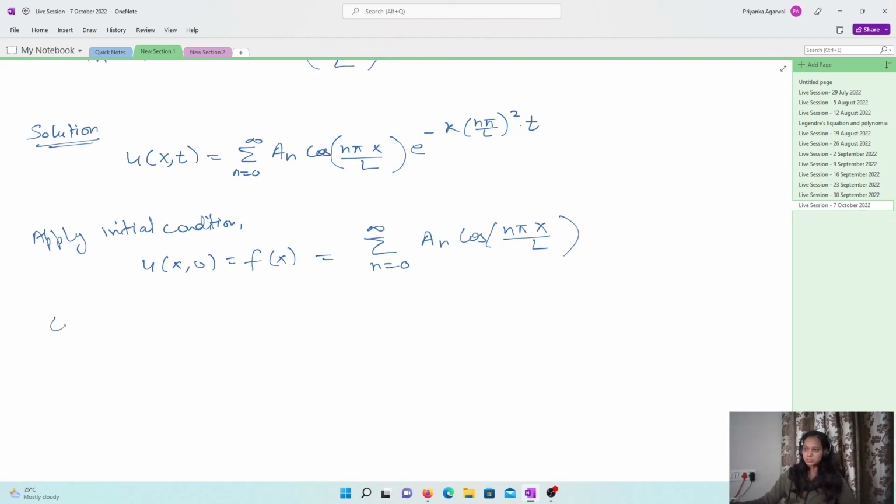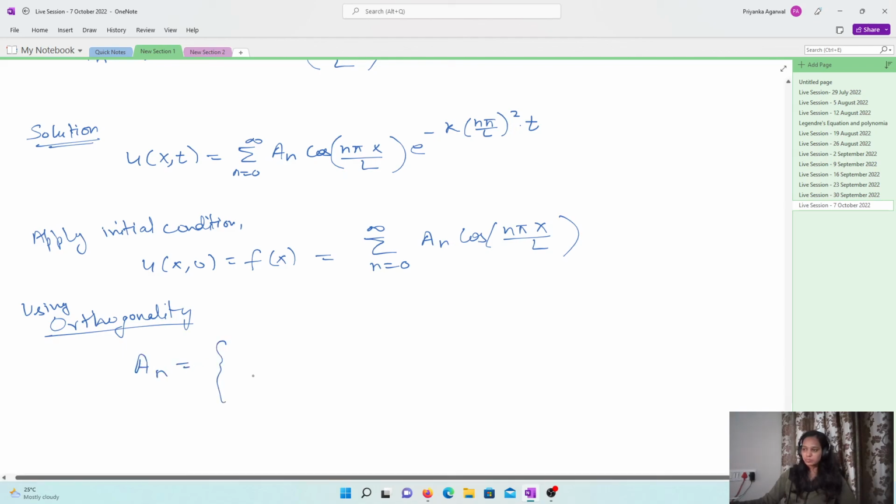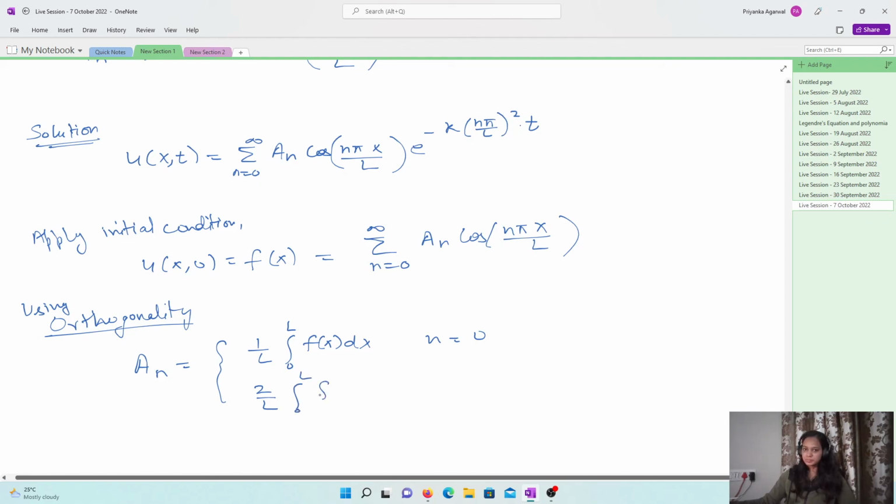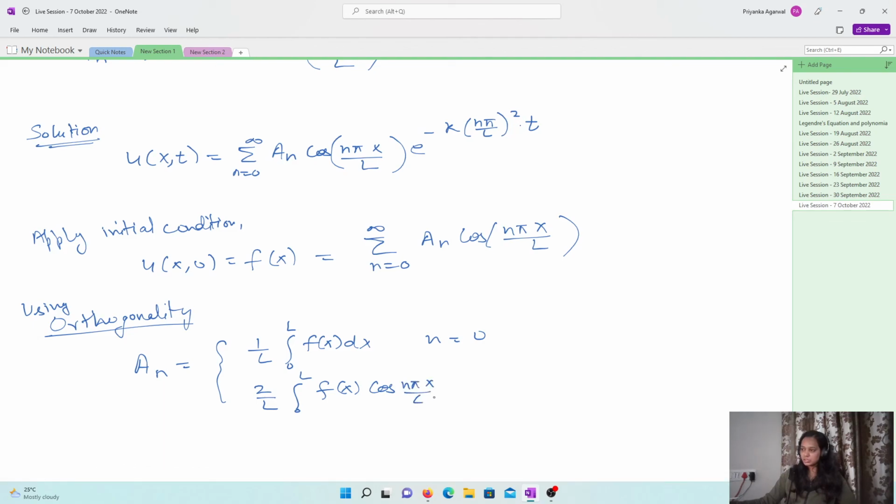So using orthogonality, what do we have? A n is 1 by L integral 0 to L f of x dx, where n equals 0, and this becomes 2 by L integral 0 to L f of x cos n pi x over L dx, and n not equal to 0.